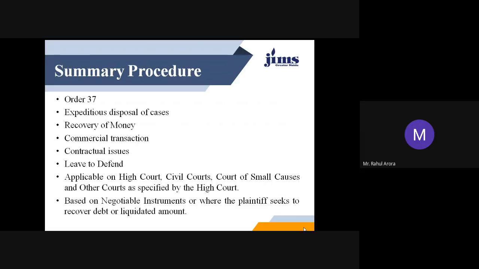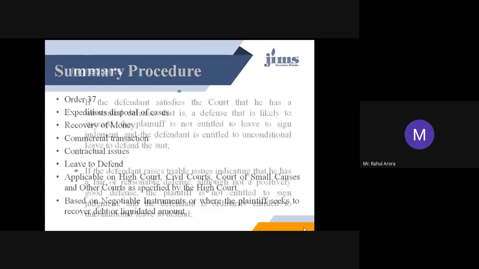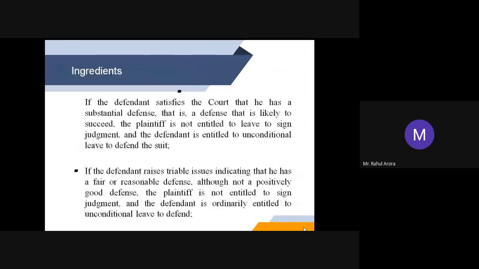Next, how will the court be satisfied, or what are the ingredients of leave to defend? If the defendant, my dear students, satisfies the court that he has a substantial defense, and that is a defense that is likely to succeed, the plaintiff is not entitled to sign judgment, and the defendant is entitled to unconditional leave to defend.